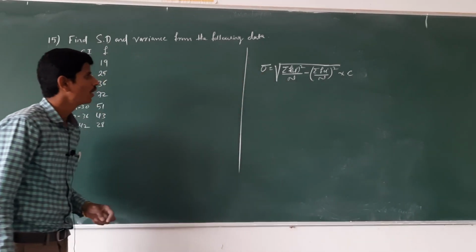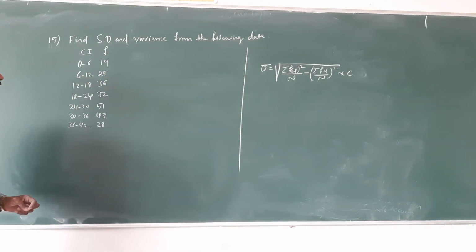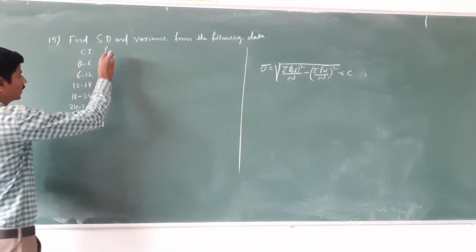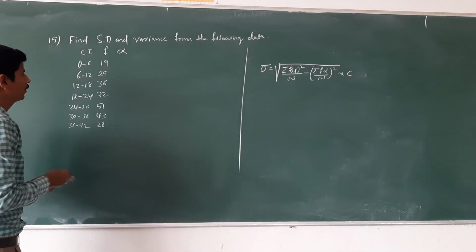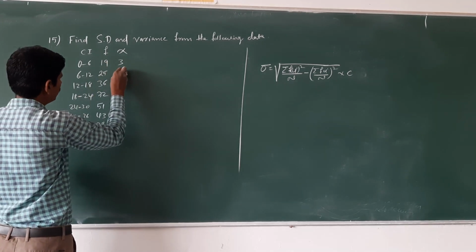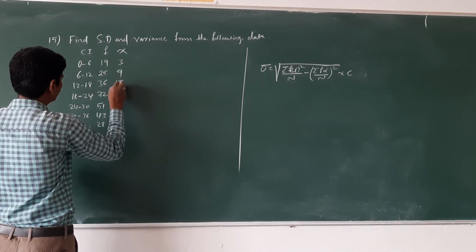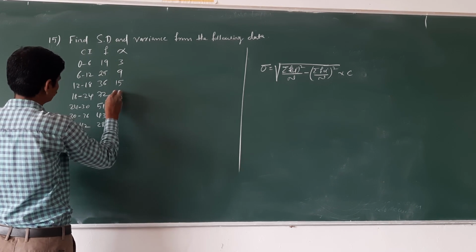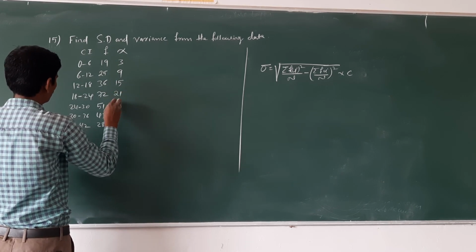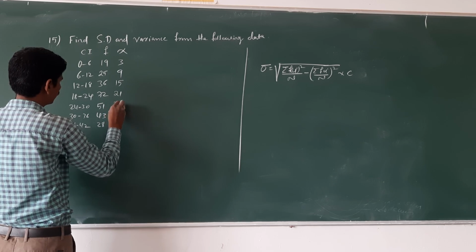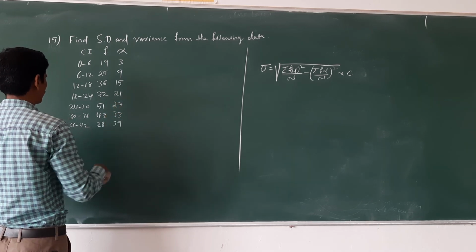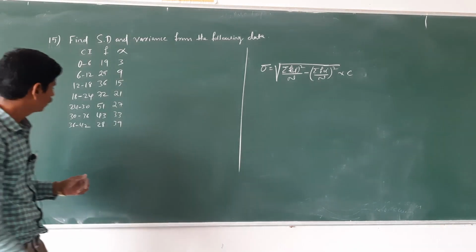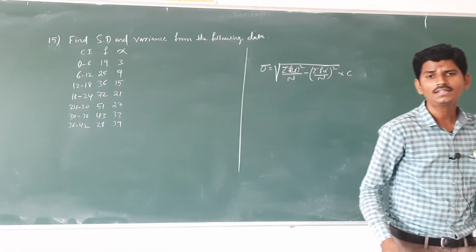If you want the u value, u is the deviation. First we want the x values. X is the class mid value. Here 0 to 6 mid value is 3, 9, 15, 21, 27, 33 and 39. 36 to 42 mid value is 39.